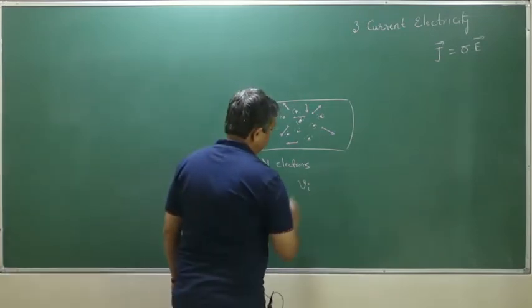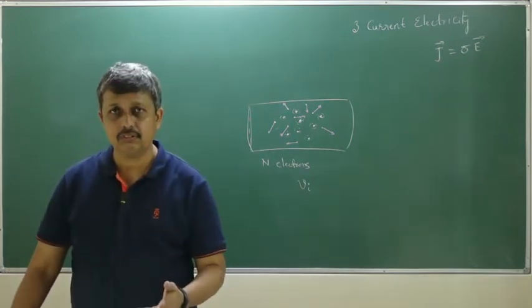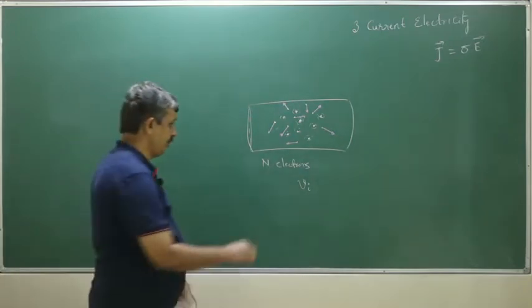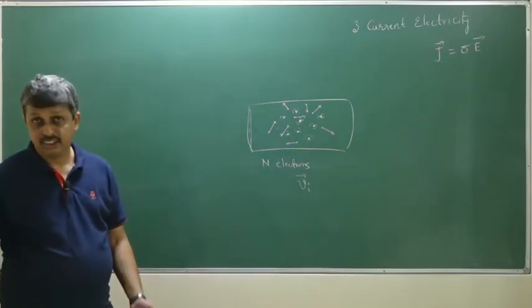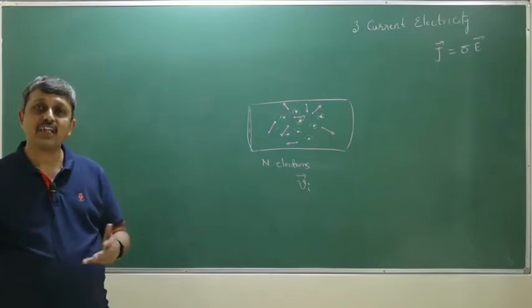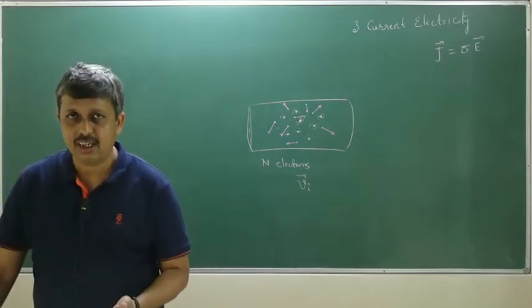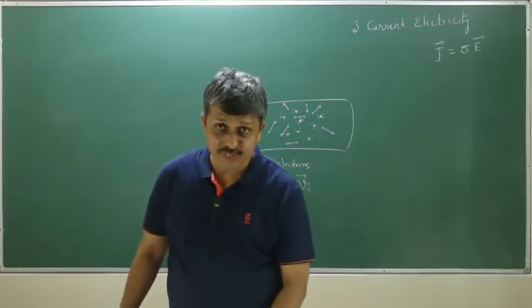Vi is the velocity of the ith electron, and I'm keeping a vector sum. I want to calculate the average velocity, meaning we add up all the velocities and divide by the number. That is called the average velocity.